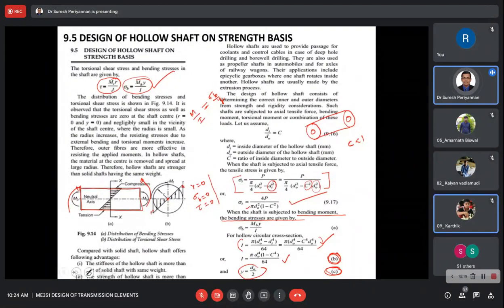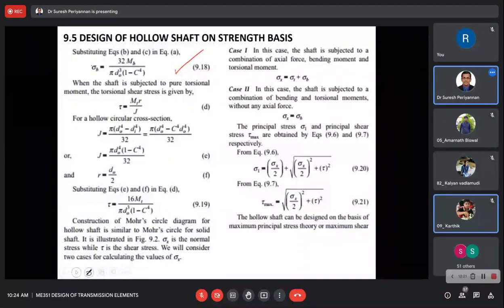Substituting, we get sigma b is equal to 32 Mb divided by pi d naught cube into 1 minus c power 4. Suppose c is equal to 0, then this is going to be a solid shaft. When c goes to 0, it satisfies the solid shaft.